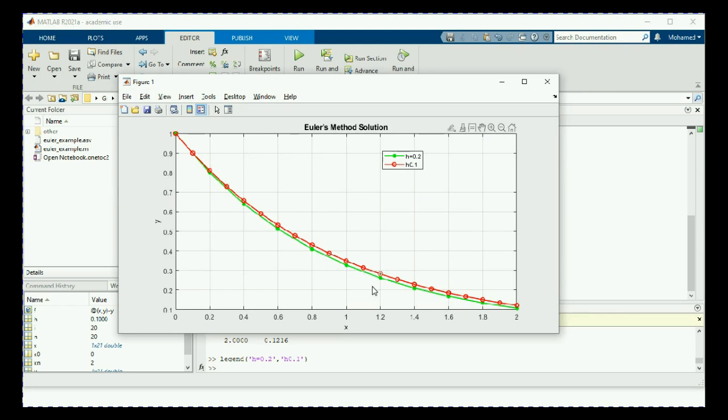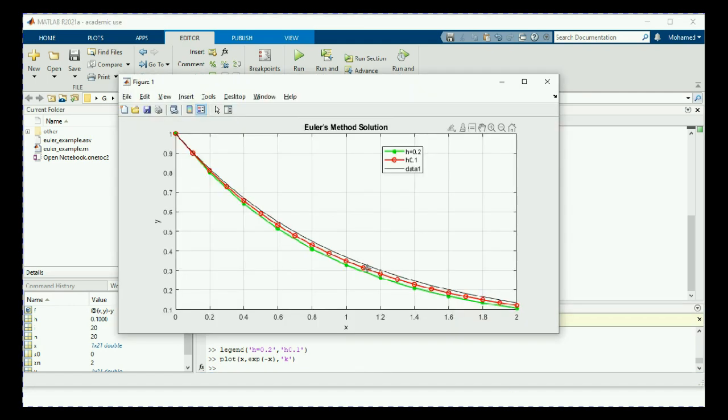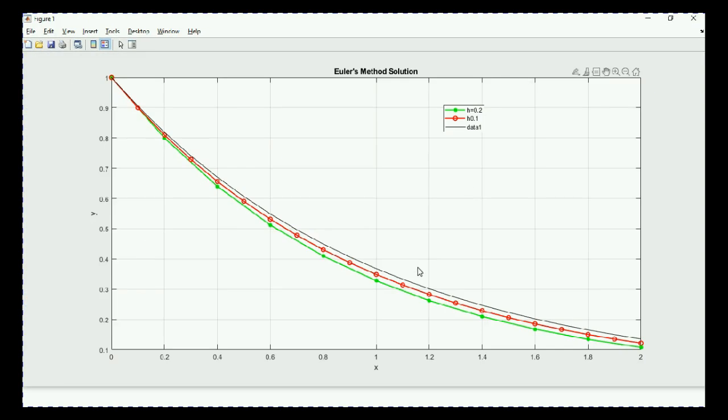Now let's compare this to the analytical solution. We can directly plot the analytical solution along with this. We plot x comma, instead of y, exponential of minus x, that's the solution, and we'll use a different color, black. Let's maximize.